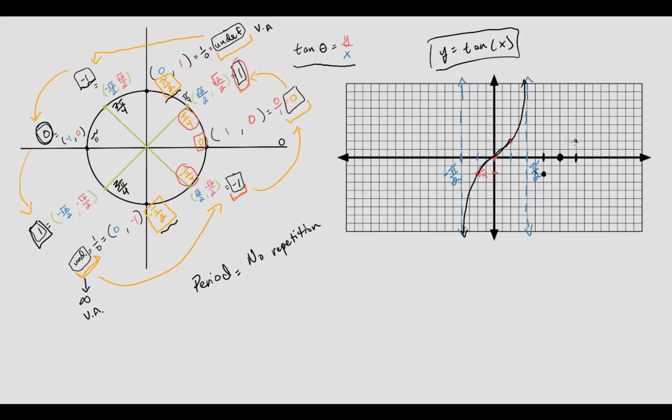And so we're seeing that repetition now, because when we get back over to 3 pi over 2, we're right back here at our undefined vertical asymptote. And so we're going to get another asymptote right there at 3 pi over 2.